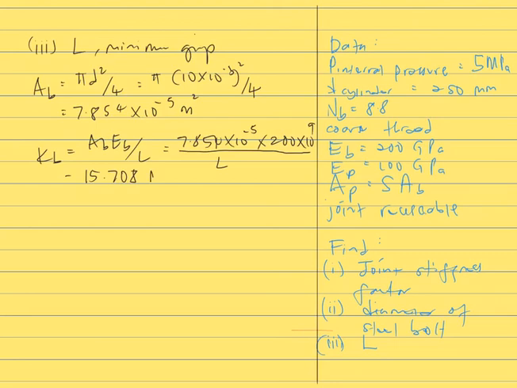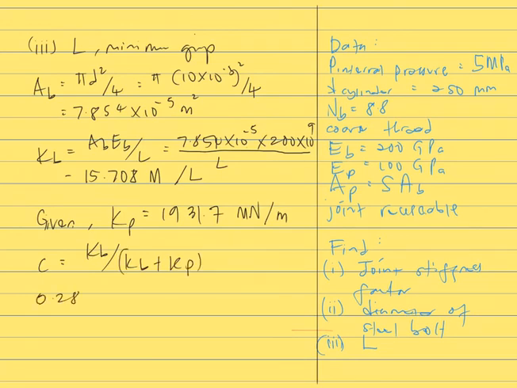So at the end we get 15.708 mega divided by L. Given that the stiffness constant Kp is equal to 1931.7 mega Newton per meter, the value of C we can find, which is Kb over Kb plus Kp.